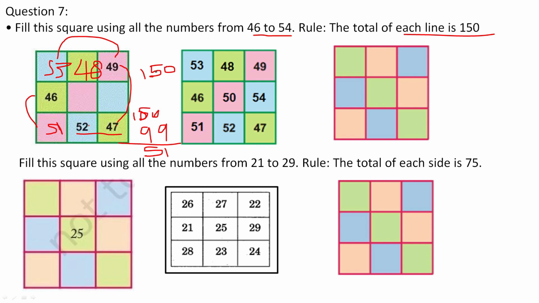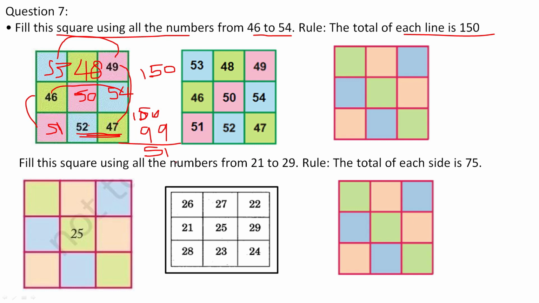So when you subtract from 150, you will get 54. The same way, if you add these two and subtract from 150, you will get 50. So now you can complete the square easily. The rule: add the given numbers and subtract from 150.